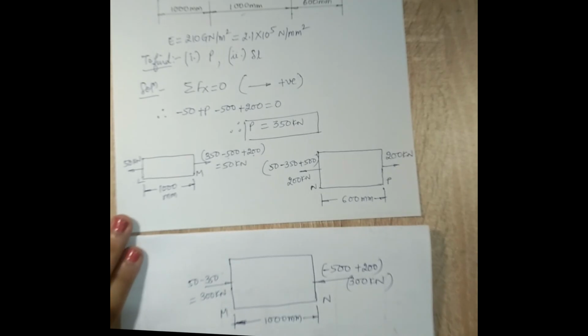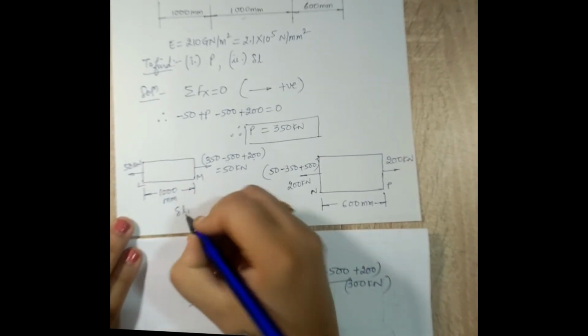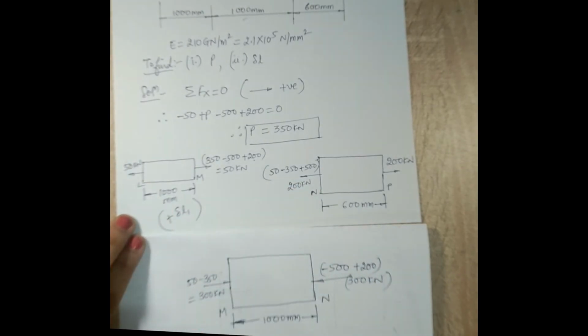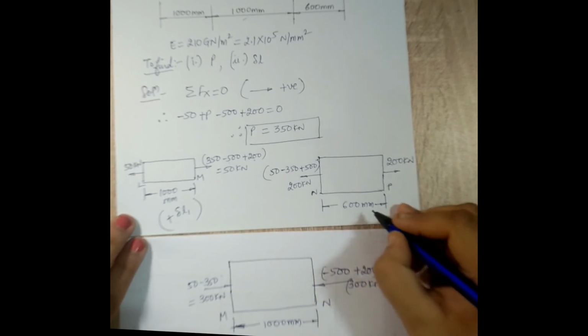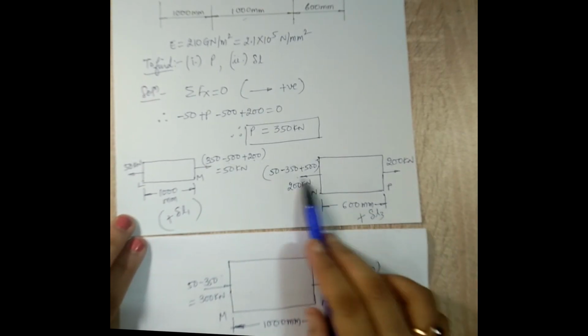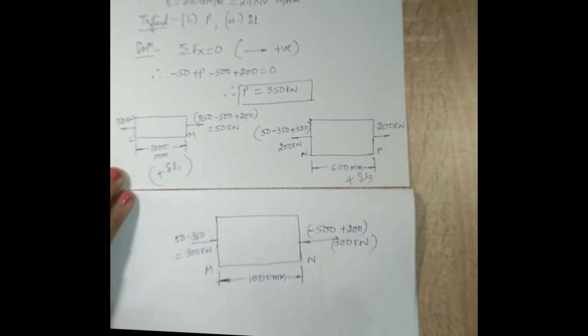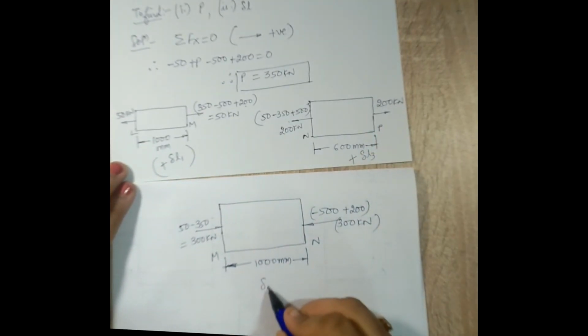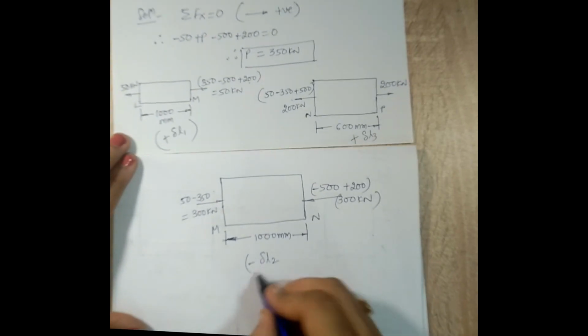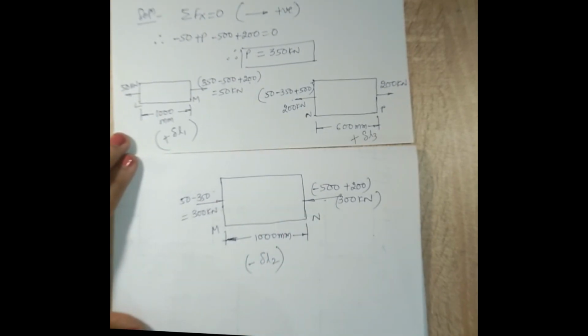Now, if you observe for L to M portion, I will have delta L1 as a change in length. It will be positive because this is of tensile type. N to P portion is say delta L3. It will also be positive because it is of tensile type. And for M to N portion, I will have delta L2, which will be negative because this is of compressive type.